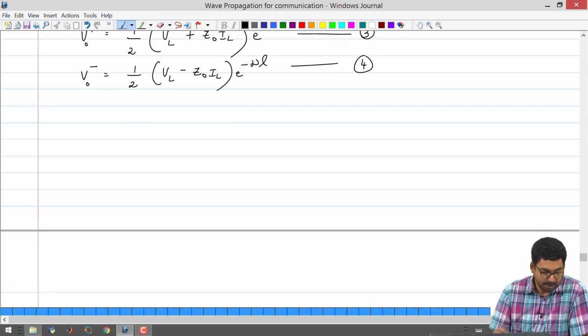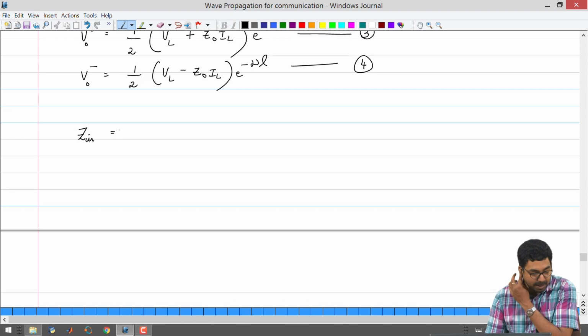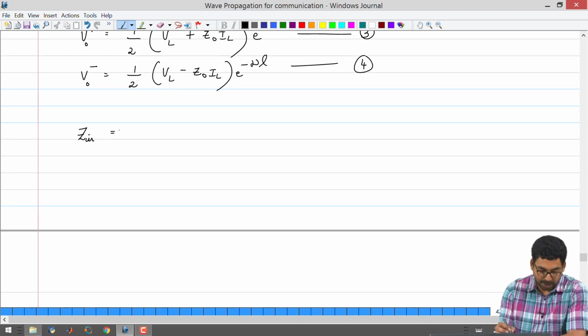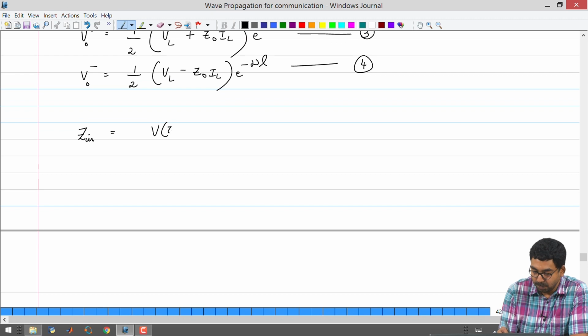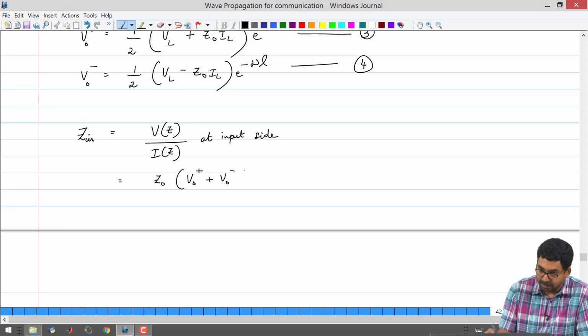So, another thing is we have marked Z in our transmission line. The way we have marked Z in our transmission line is it is going to be a ratio of voltage divided by current, and it is going to be at the input side or the source side. At the source side, the voltage is going to look like V naught, which is the sum of a forward and a backward voltage at that place.